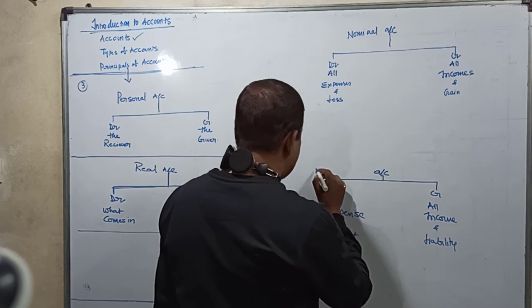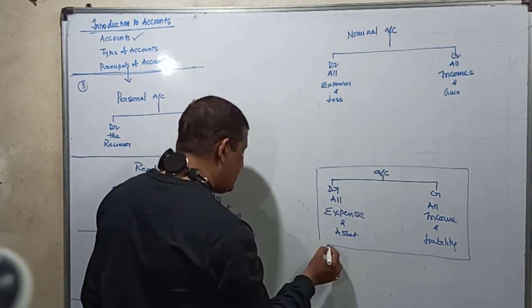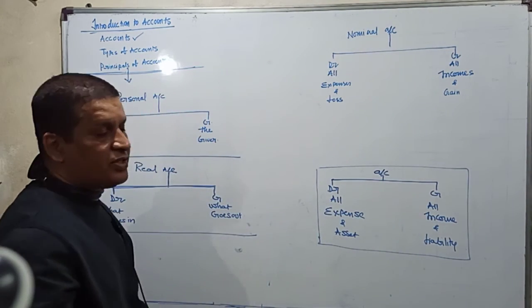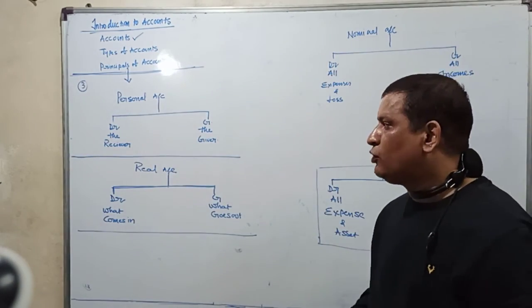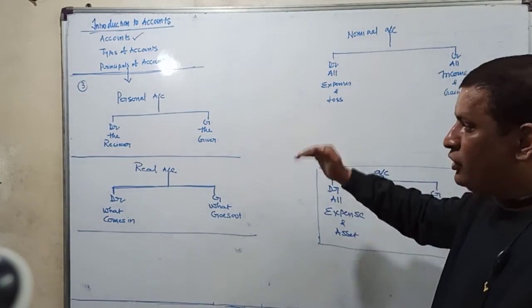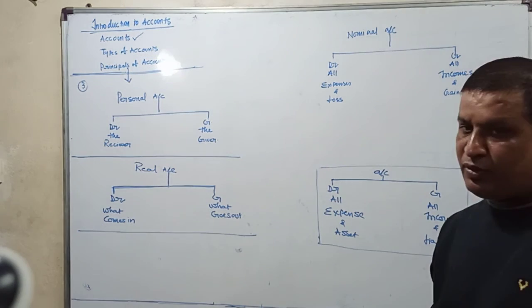This rule we will use later, as the fourth rule, because this also will help us. Initially, when we are doing the basics of accounts, journal and all that, we'll focus on these three rules for personal account, real account and nominal account.